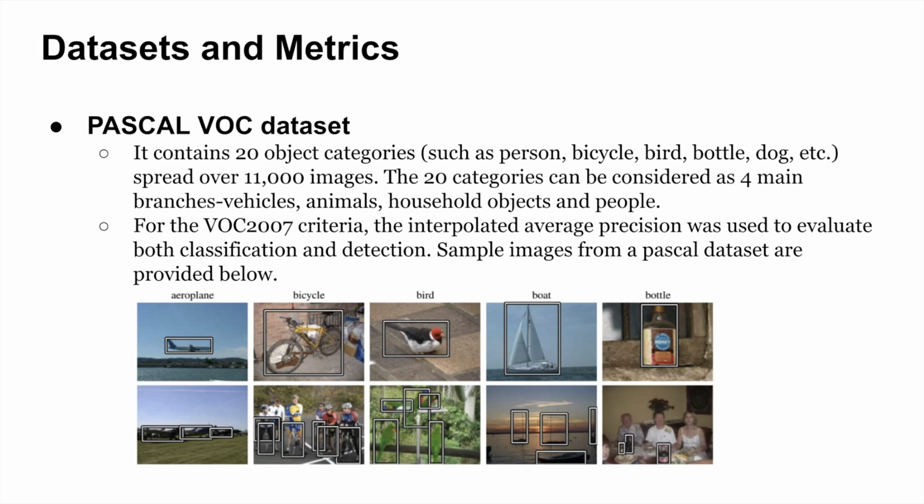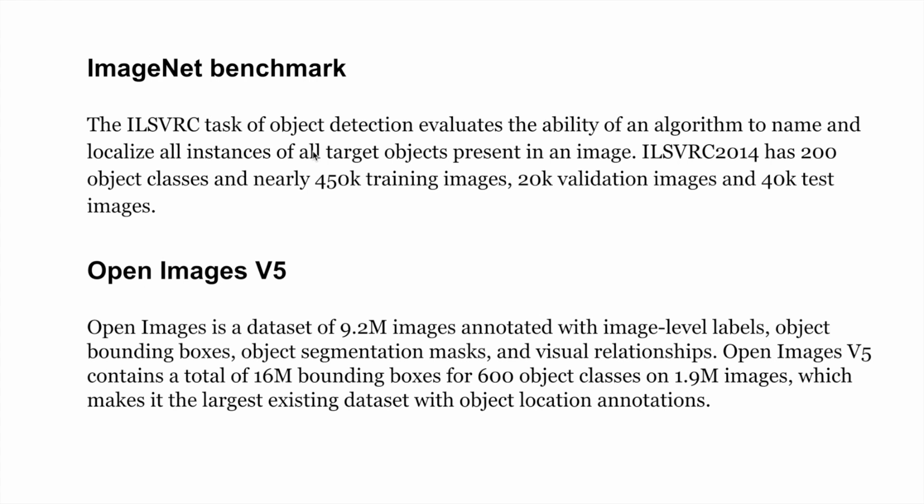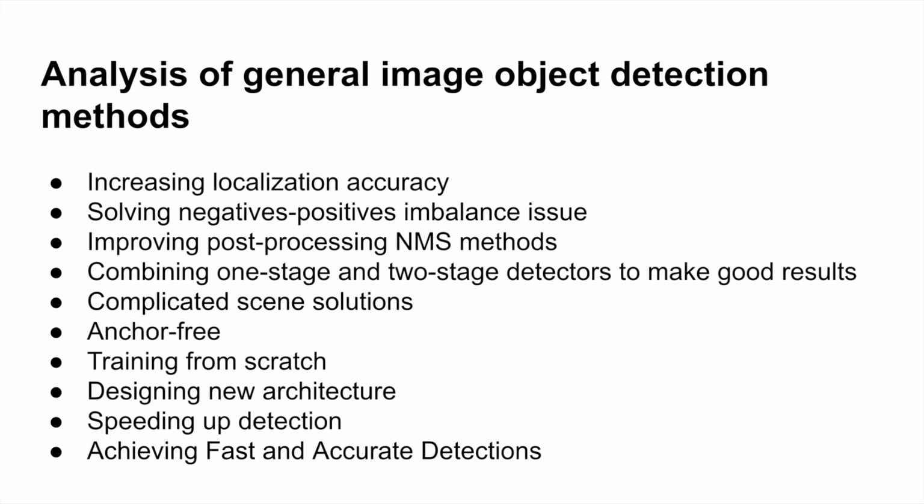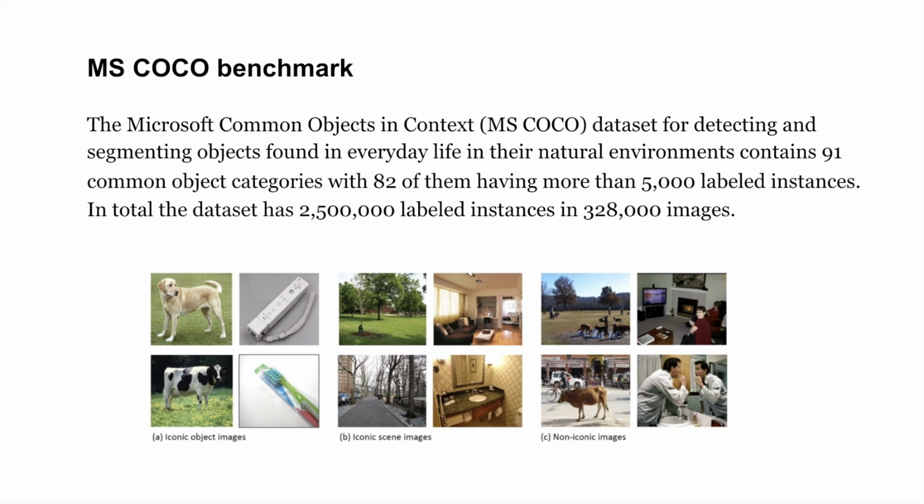Coming to datasets, using challenging datasets as a benchmark is significant in many areas of research, because they are able to draw a standard comparison between different algorithms and set goals for solutions. For general object detection, we use the Pascal VOC dataset, MS COCO benchmark, ImageNet benchmark, and Open Images V5.